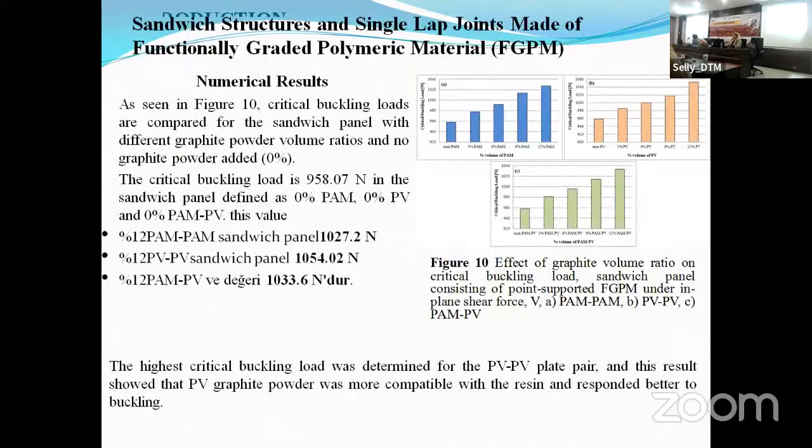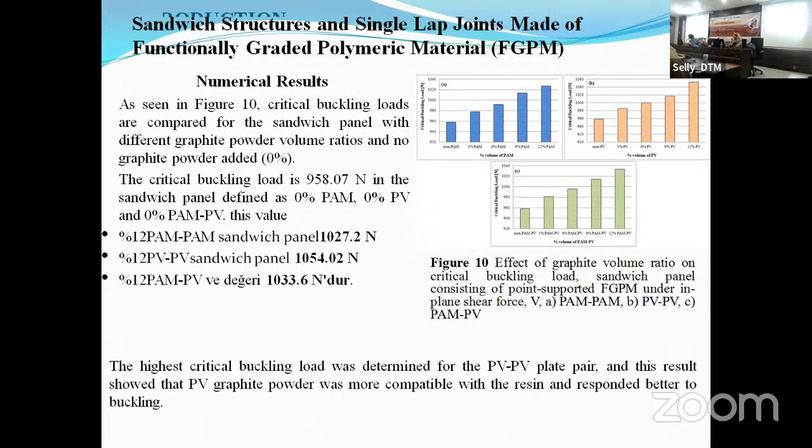And we discuss some numerical results. We consider the first factor, the additive sample: graphite, PV and PAM. And the other factor is its volume ratio: 3, 6, 9, and 12. And we can discuss its critical buckling load, I mean mode 1.